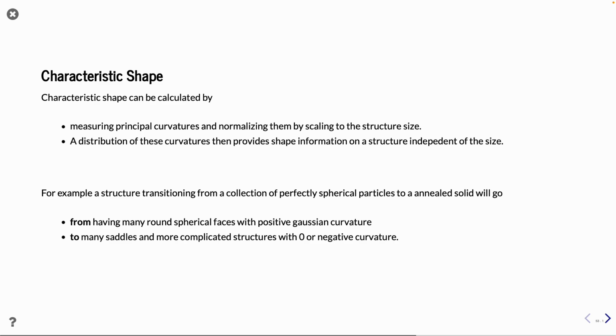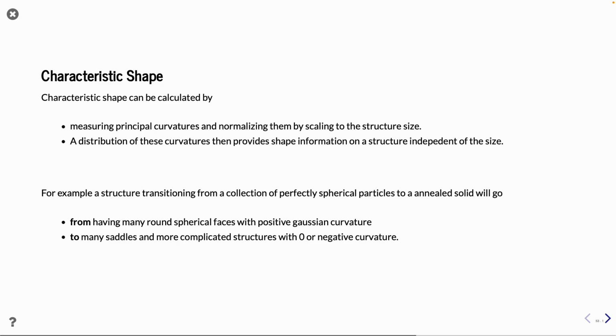But we can also use them for measuring and getting structure size from the objects. We can say that the object goes from round spherical faces with positive curvature, or we can say we have a lot of saddles with negative curvature.